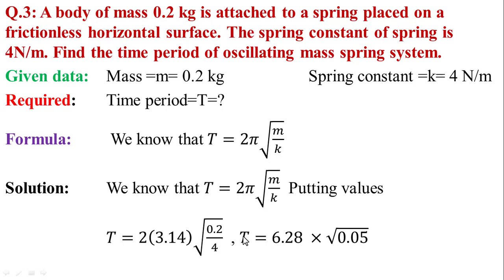So 2 multiplied by 3.14 is equal to 6.28, multiplied by the square root of 0.2 divided by 4, which is 0.05. First of all, taking the square root of 0.05, then multiply by 6.28. Then time period T is equal to 1.4 seconds.